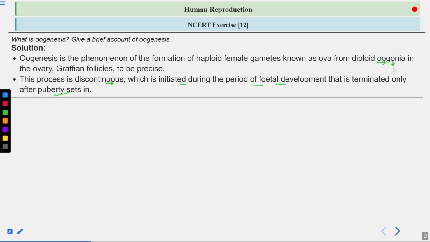This primary oocyte is also diploid, and it is arrested in prophase 1 of meiosis 1, and it remains arrested till the female attains puberty. When the female attains puberty, the primary oocyte starts dividing, completes its meiosis 1 division, and forms the secondary oocyte.